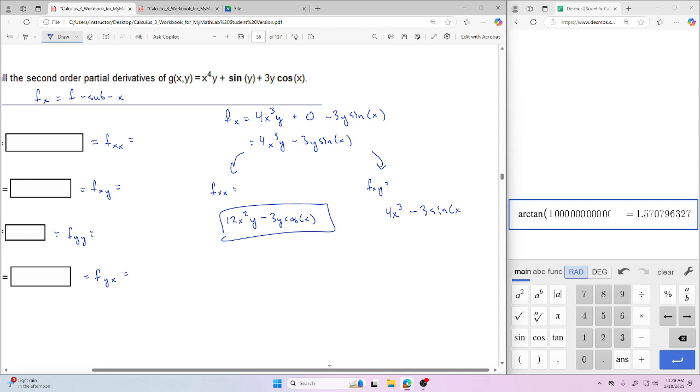Correct. That one's a little weird looking, but the derivative part is right here. Y goes to 1. Everything else is a number. Even sine of x still is just a number. And we keep it because we just want our numbers now. Now, if we had another y, then that definitely would go away, correct? But in this case, we're done.